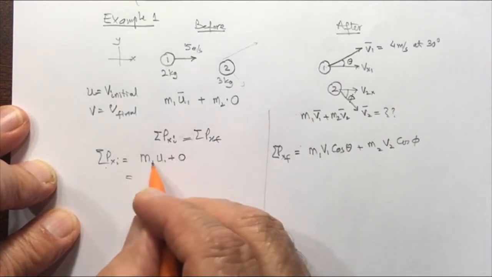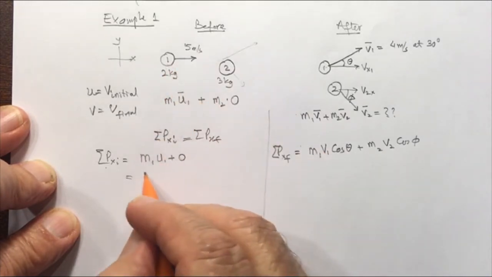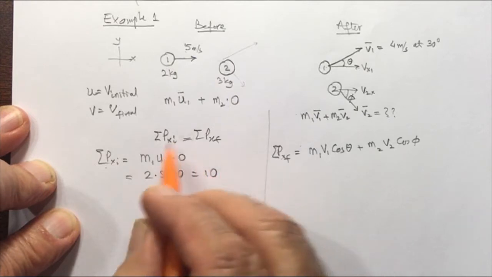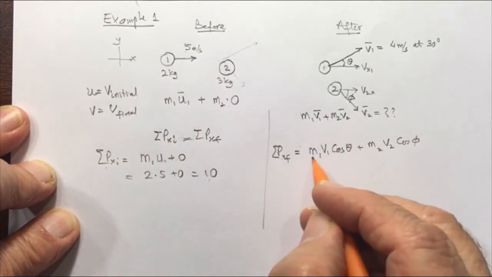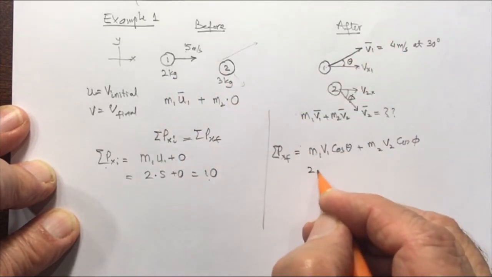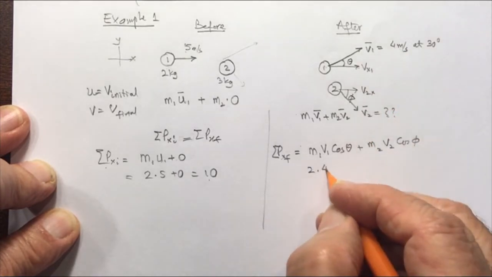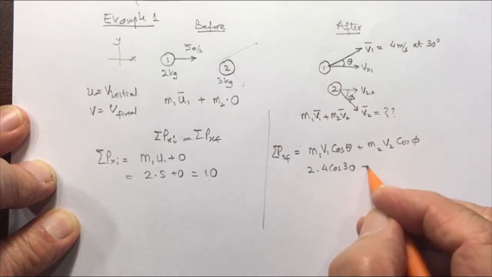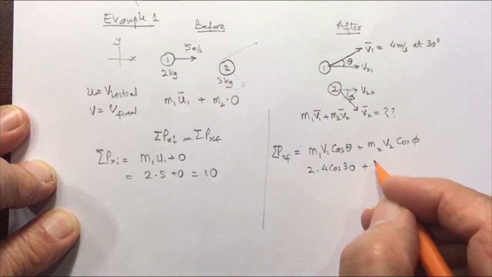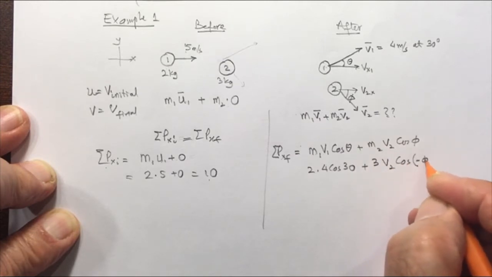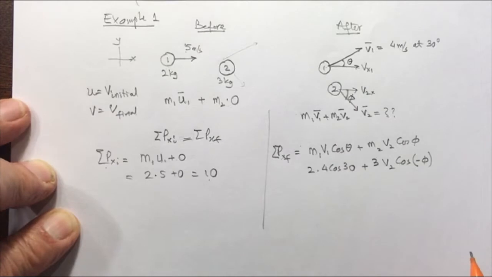So this becomes m1 is 2 times 5, 10, so the left hand side is 10, and the right hand side is m1, which is 2, and v1 is 4 cosine of 30, that's the x component, plus m2, which is 3, and v2 cosine of minus phi, because it's a negative angle, or you can take cosine of phi and say it's downwards.